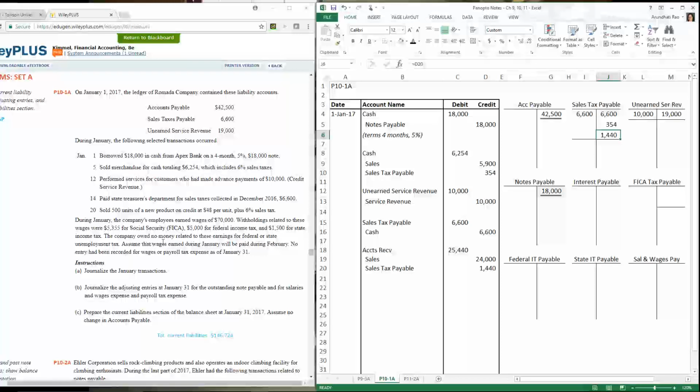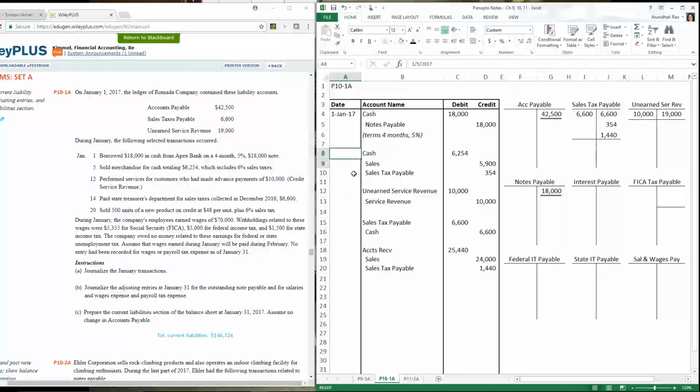The company owed no money related to those earnings for federal and state unemployment taxes. That could have been an additional tax burden on the employer, but they're saying there's none in this case. Assume that the wages earned during January will be paid during Feb. No entry was recorded for wages or payroll tax expense as of Jan 31st. So I'll explain that part in a minute.